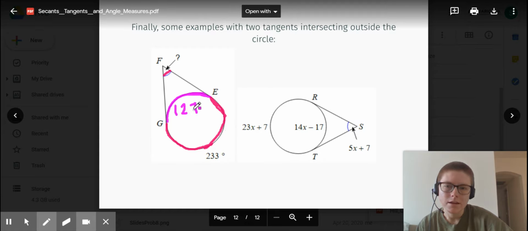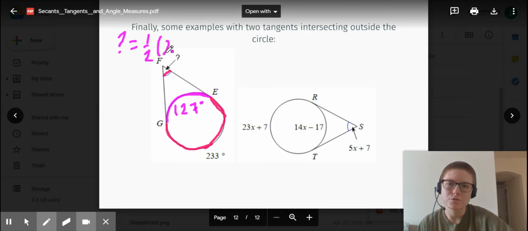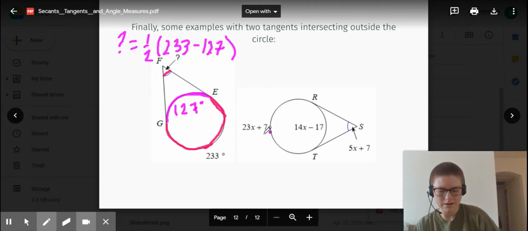127 degrees. So our unknown question mark equals 1/2 of 233 minus 127. And once again, I'm just going to put that into my calculator.